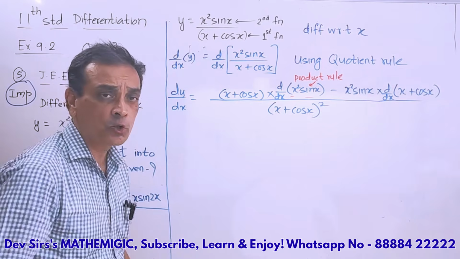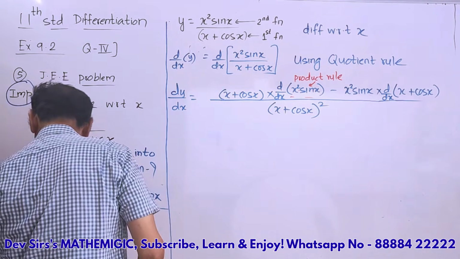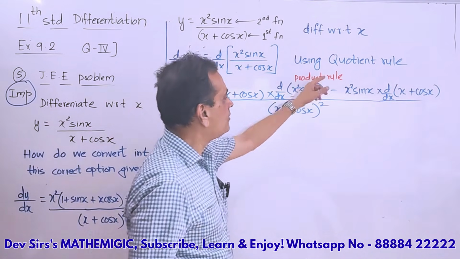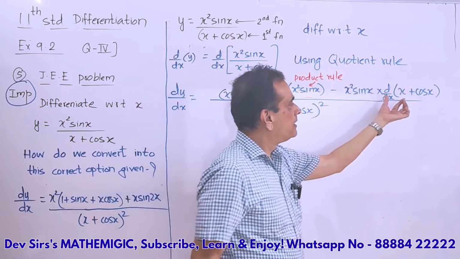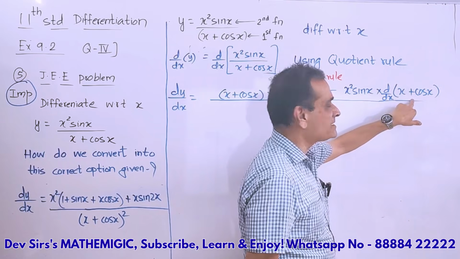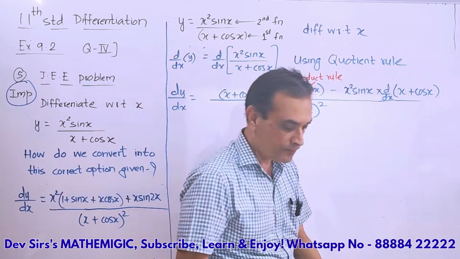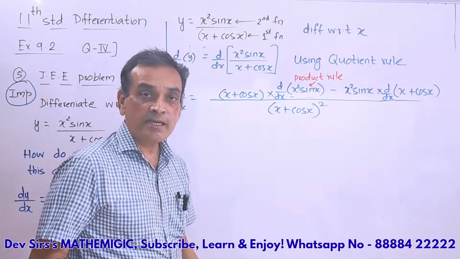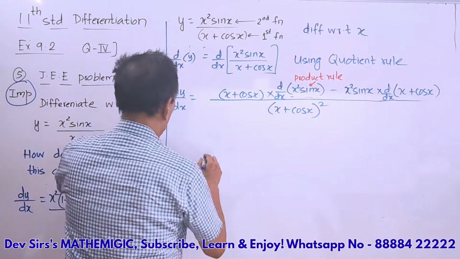You have learned quotient rule. Now let us see product rule. So using product rule for this bracket. For this bracket it is not required because plus sign is there. You just open up the brackets. But over here, let us see how to use the product rule.